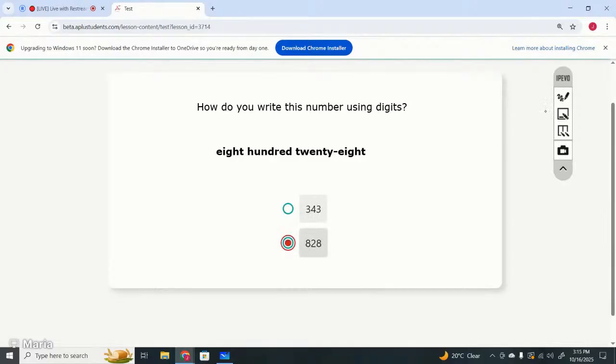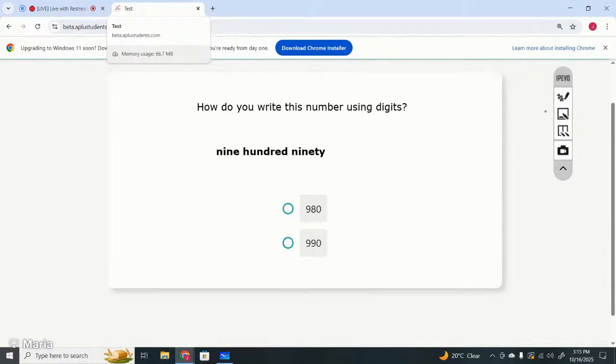828. So 8 is at the hundreds position, 2 is at the tens, and 8 is at the ones. Hmm. 992.